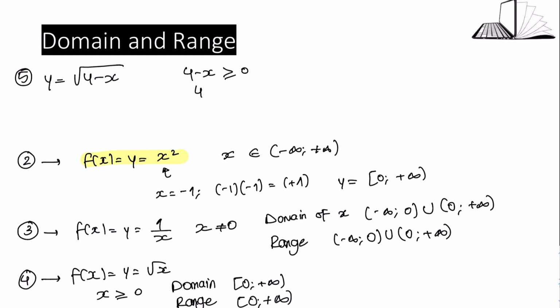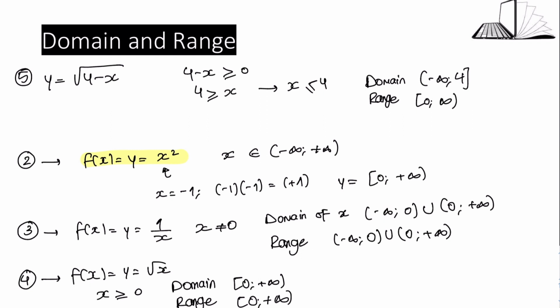So 4 should be more than or equal to x. So x is less than or equal to 4. So the domain, x can vary for the values of minus infinity up to 4. The range in this case, there is no restriction on the range. The range can vary from 0 to plus infinity.